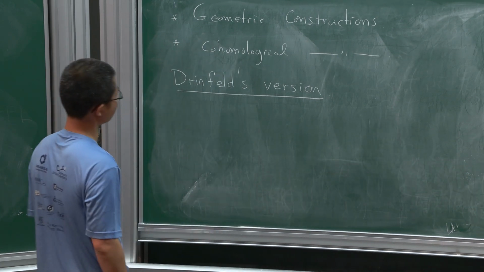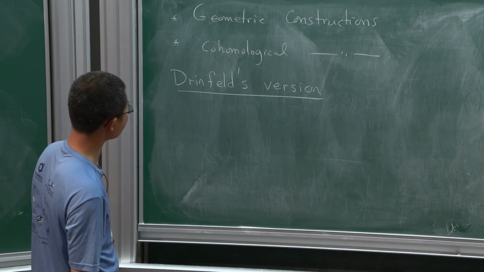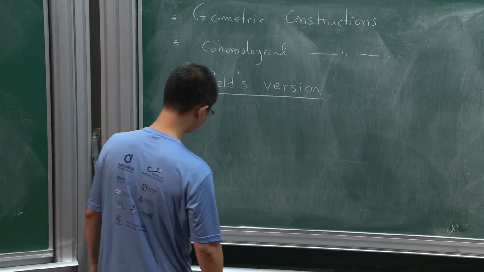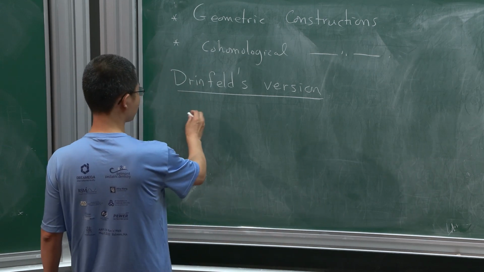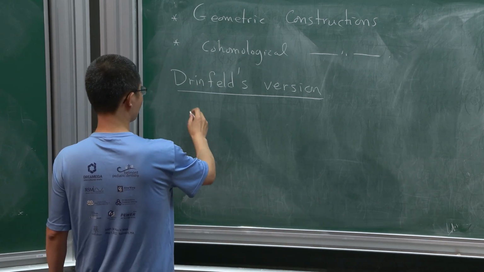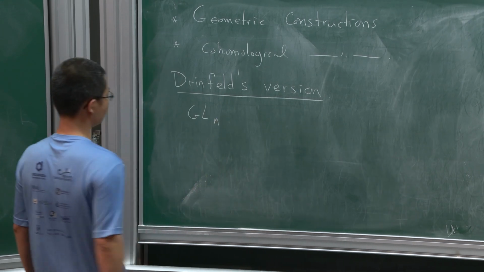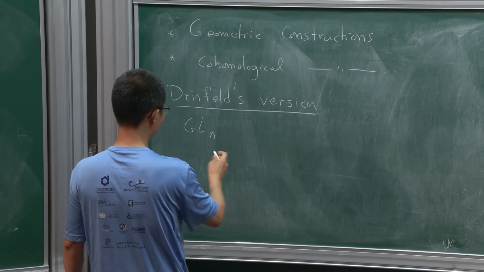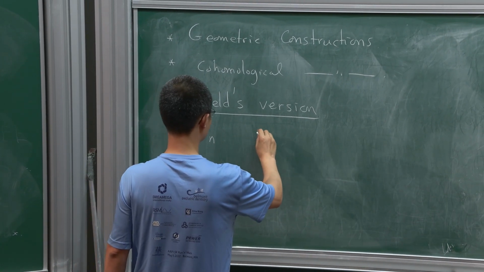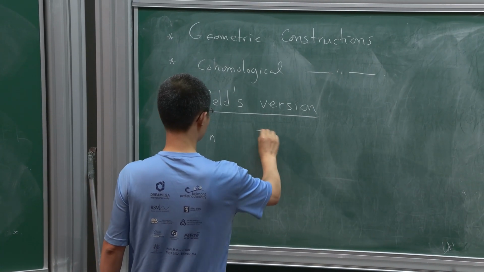This was basically the version he used to prove GL2, global Langlands over a function field. It corresponds to, well, he actually defined it for GLN and two legs.